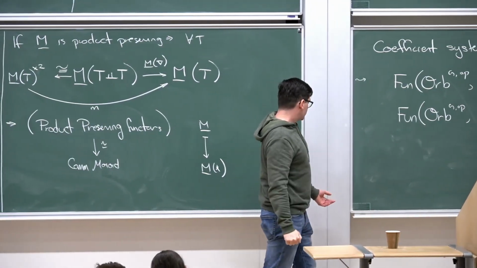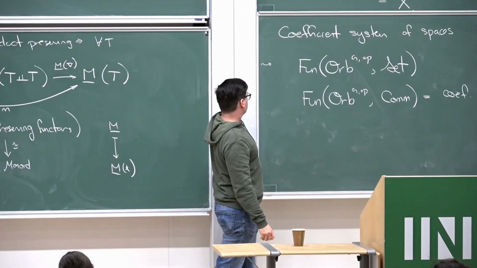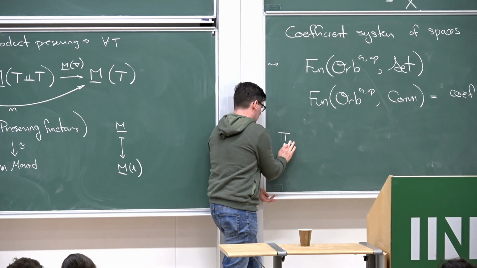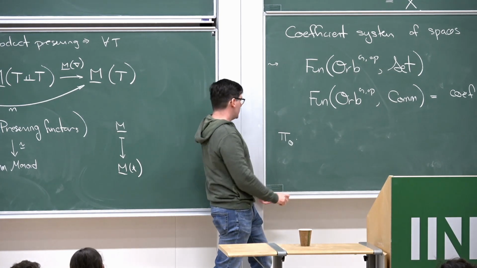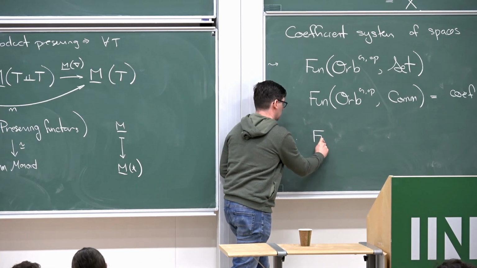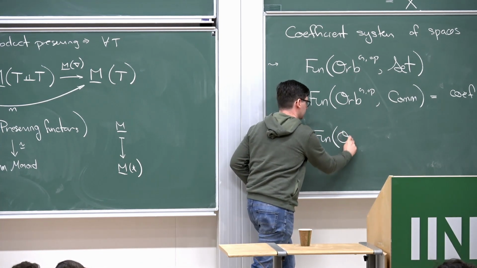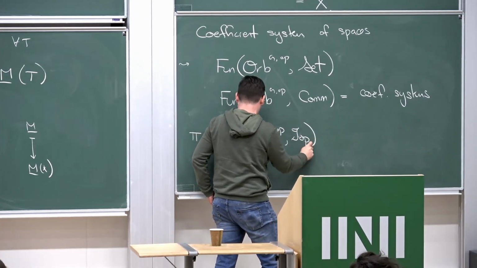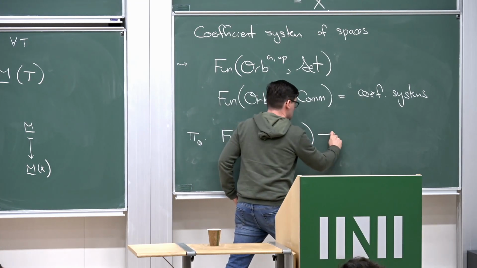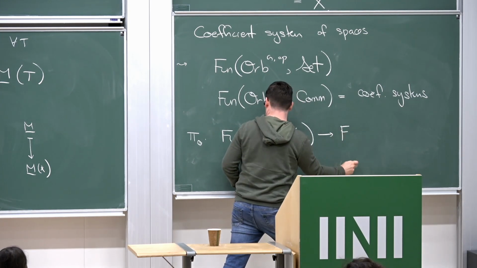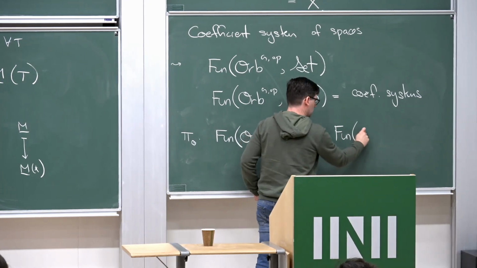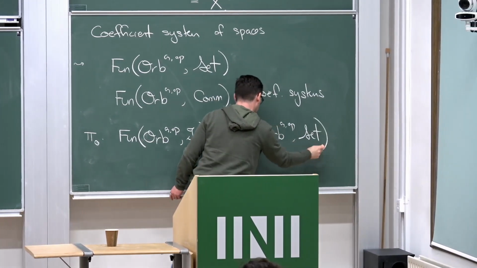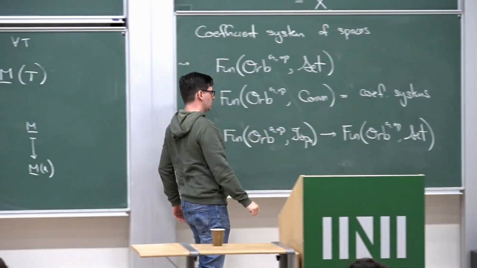And I have functors compatible between these, so I can take pi 0, which gives me a functor from the coefficient systems of pointed spaces into coefficient systems of sets. And here's where I want to work, and I want to now play the same game.